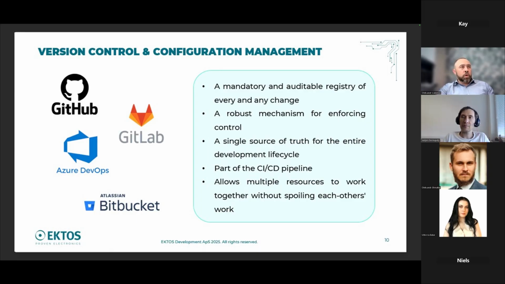And why? Well, first of all, you need to register and be able to present those auditable artifacts or evidences that there is a specific life cycle of different features. You need to have a robust mechanism that will not allow people who are developing the product to do something wrong.